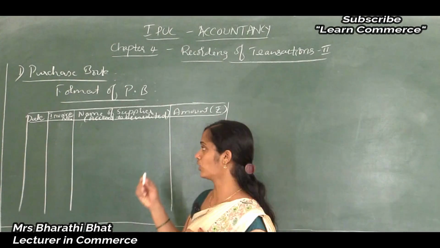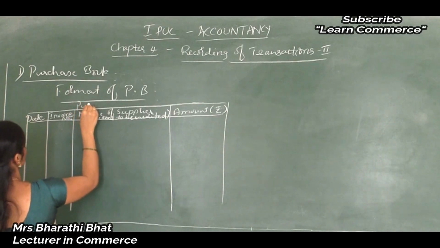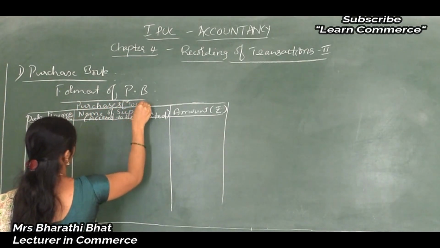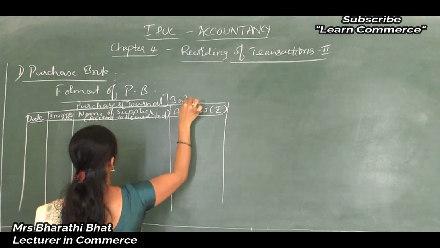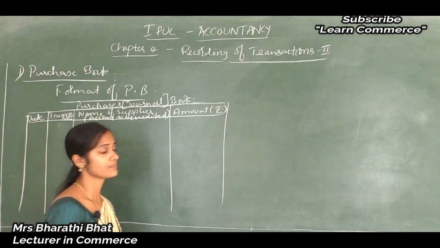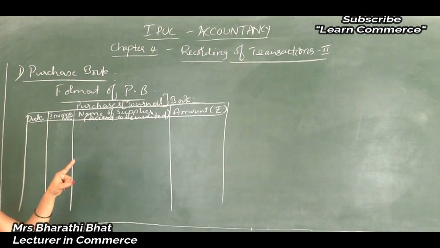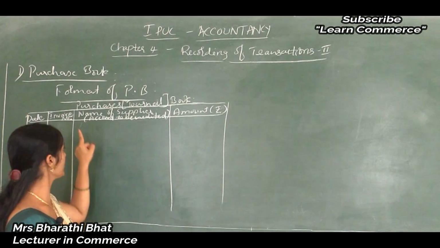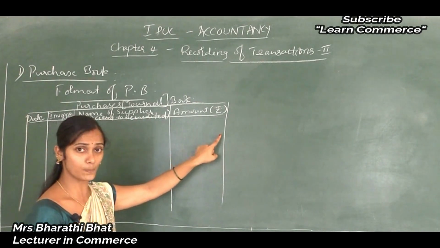Got it? So this is the format, and write the heading purchases in brackets journal. Subsidiary books are also called what? Journal books. So: purchases (journal book). Date, invoice number, name of supplier, in brackets account to be credited, and amount in rupees.